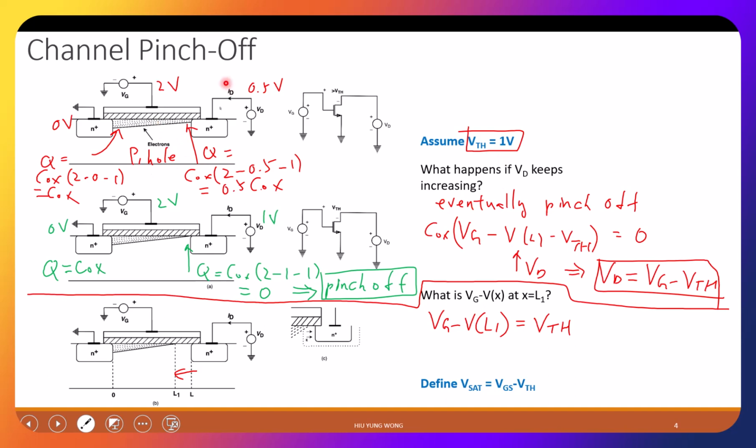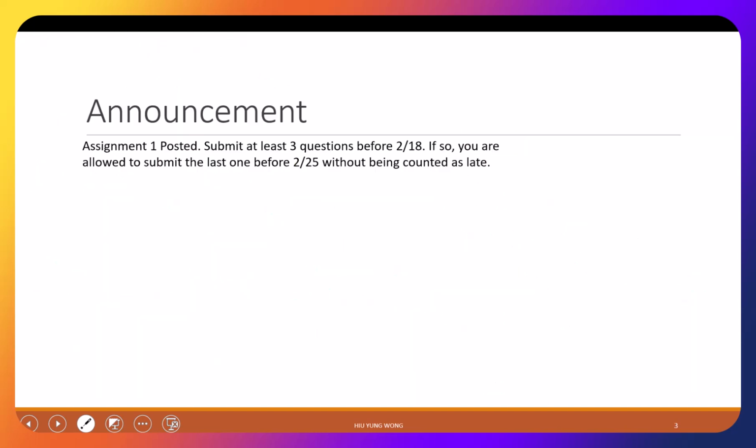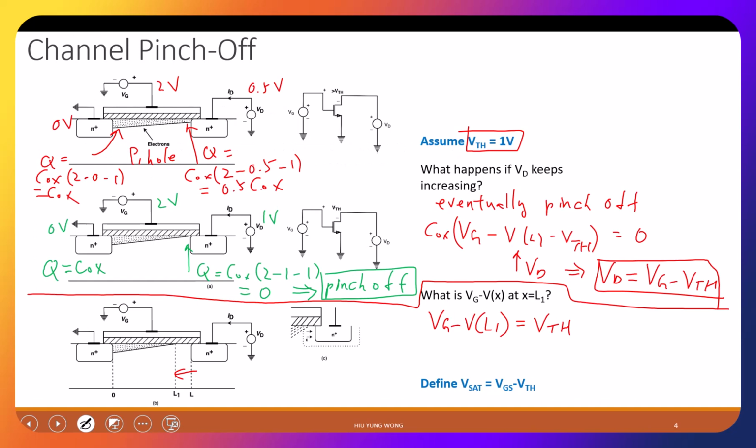Now the question is, on the drain, I start with 0.5 volt. What will happen? Last time we already learned that the charge across the capacitor Q equals C times V. So in this case, Q equals the oxide capacitance times the gate voltage minus the substrate potential.